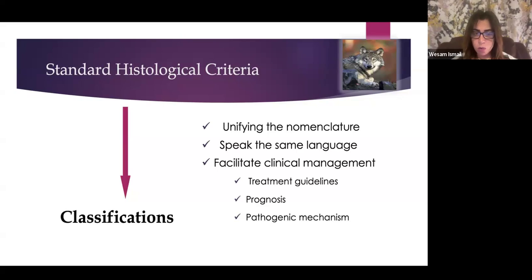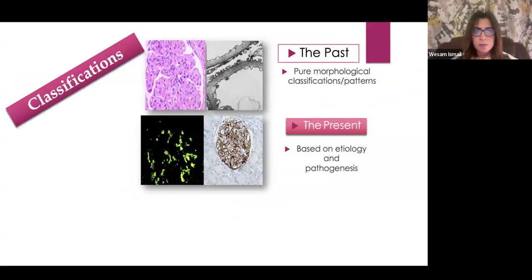But my most important point is that classifications are not only for pathologists. Classifications are both for pathologists and nephrologists. So you have to understand the classification as well as us. And in the past, most of our classifications in relation to renal pathology or renal disease were basically pure morphological classifications.